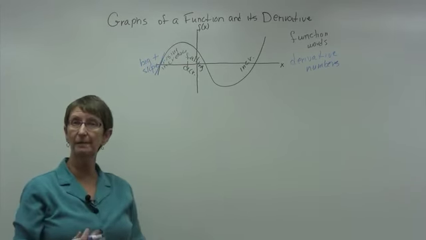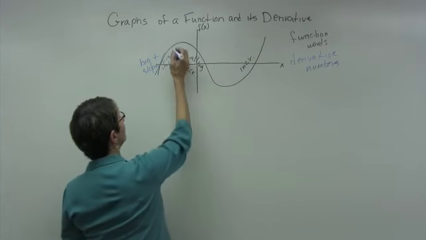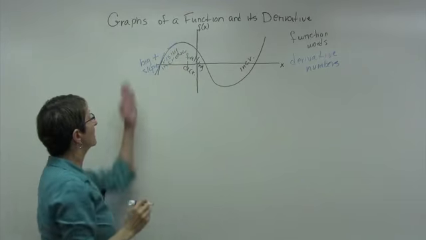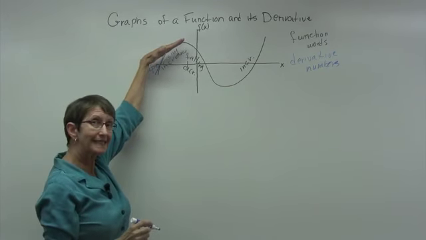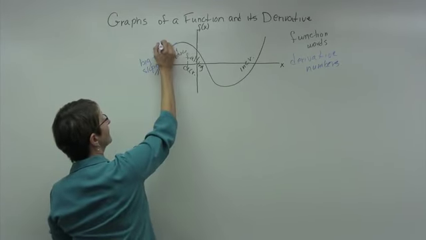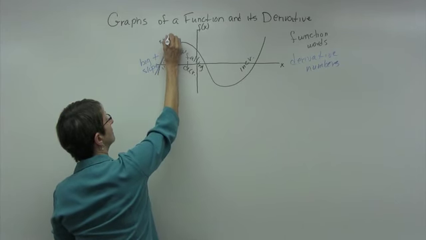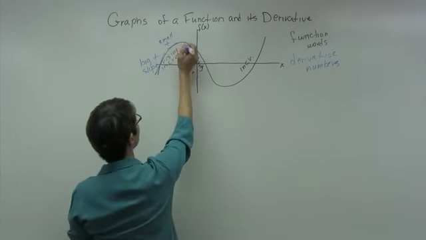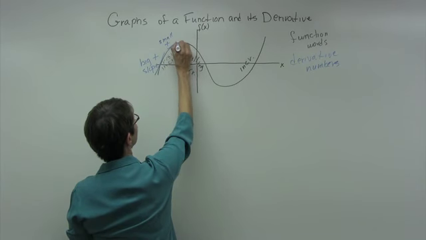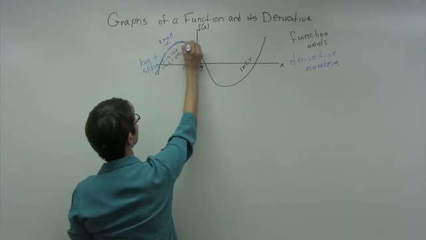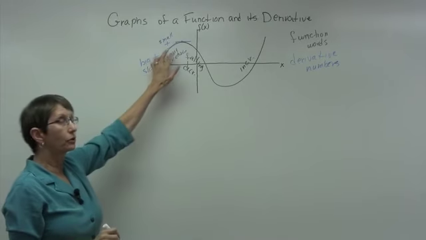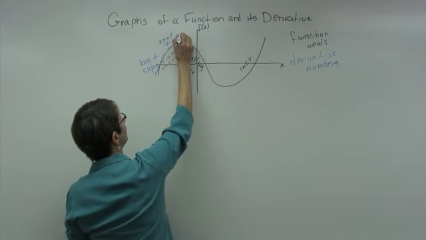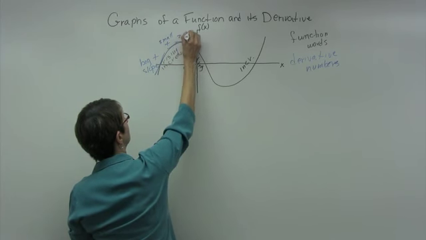So the number is a big number and it's positive. As I move up here a little bit, and I look at a tangent line there, my slope is not as steep. So let's say a small positive number. When I get to the very top and draw a tangent line, this is supposed to look horizontal. I'm just telling you in case it doesn't. A horizontal line, the slope is equal to 0. So we have slope 0.